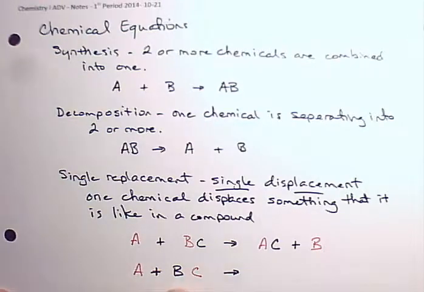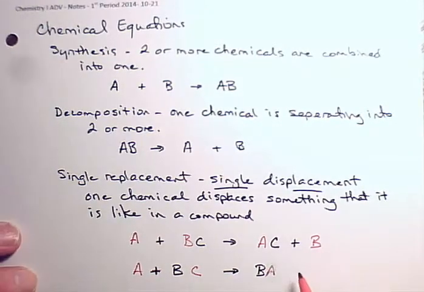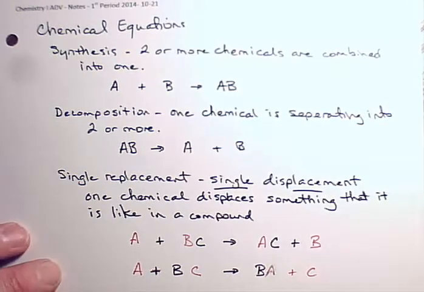And in this case, A is going to kick out C, and we end up with, I should have made that a red letter A instead of black letter A, and that's going to leave C by itself over here.